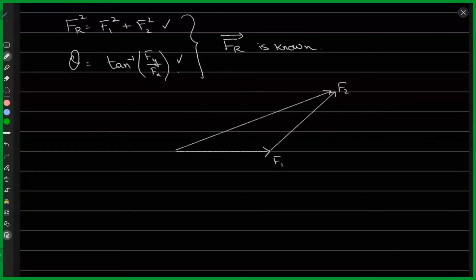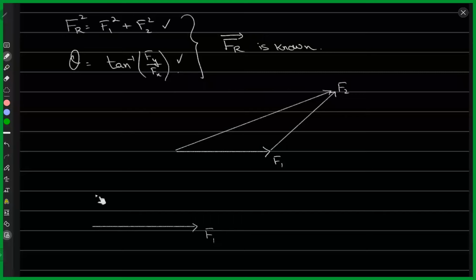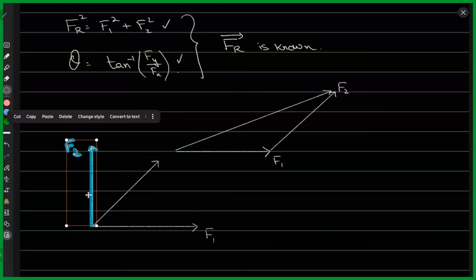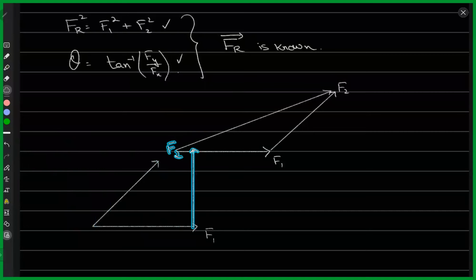Okay, so for the sake of simplicity, I'll just draw another diagram where, suppose this is F1 and this is F2. Now you tell me, where would the resultant force vector be? It would be in between these two, right? So it would be something like this. Now suppose that I take this F2, and because of parallel transport, I can take this vector and transport it over here, right?